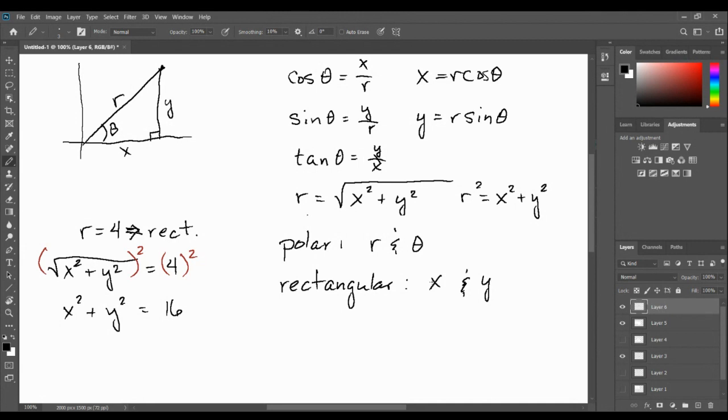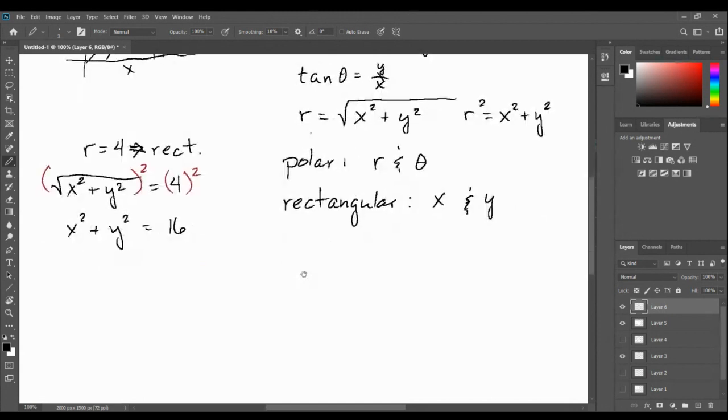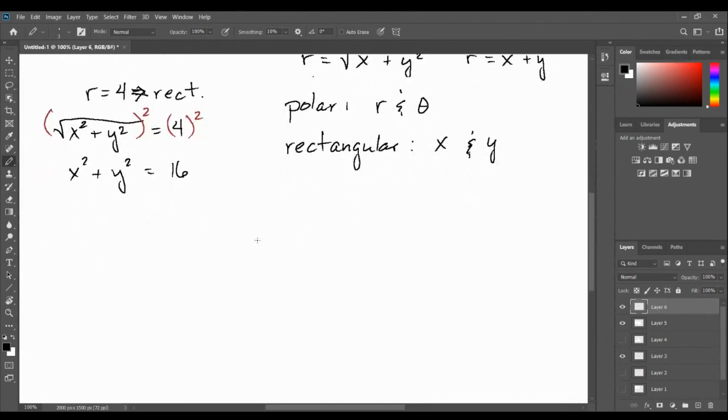Maybe one that's a little tougher, perhaps. r equals 2 cosine theta plus 3 sine theta.